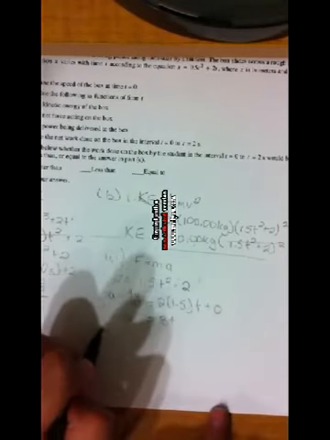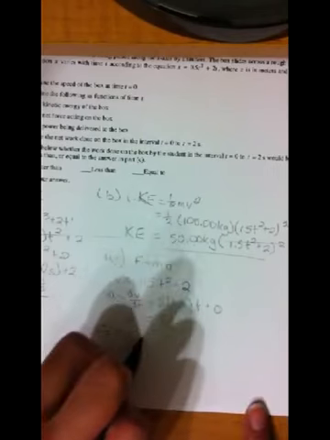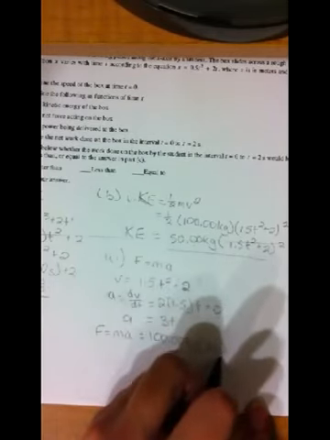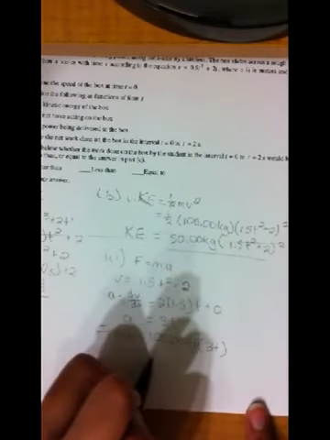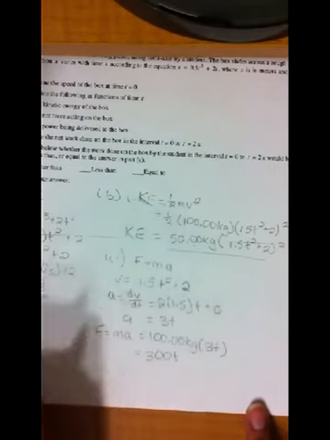So now, when the question asks us for the net force, all we have to do is plug in. Force equals ma. Our mass is 100.00 kilogram, and our acceleration is 3t. So we get 300t.